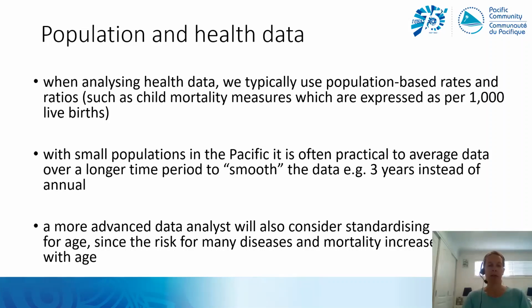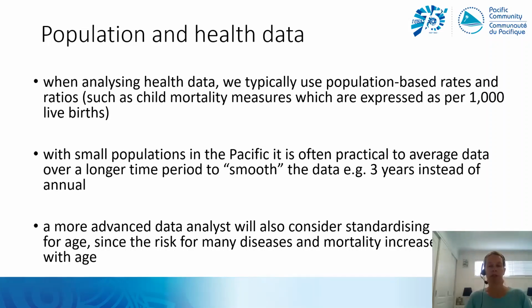And another thing to bear in mind when we're using health data in the Pacific, because we have relatively small populations and some health events are rare, so they don't happen all that often, we like to do what's called smoothing.